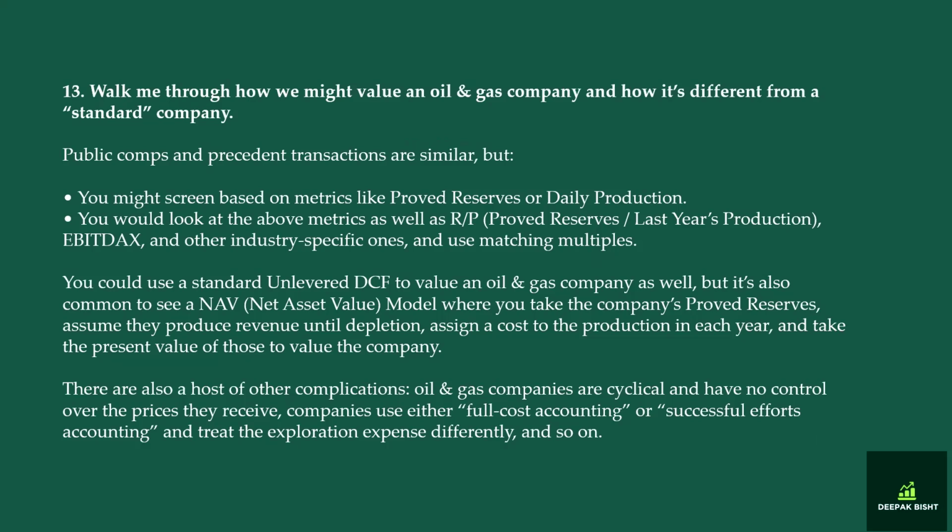If we use a net asset value, or reserve-based model, which in oil and gas we use, what we do is identify the reserves and the possibility of other reserves. So proven, possible, and probable reserves, we will identify those and forecast how many barrels will be produced each year until depletion.